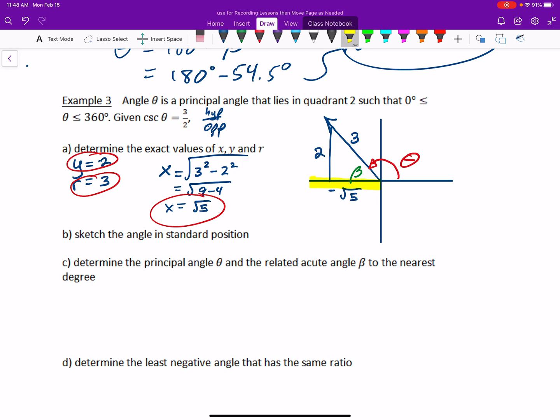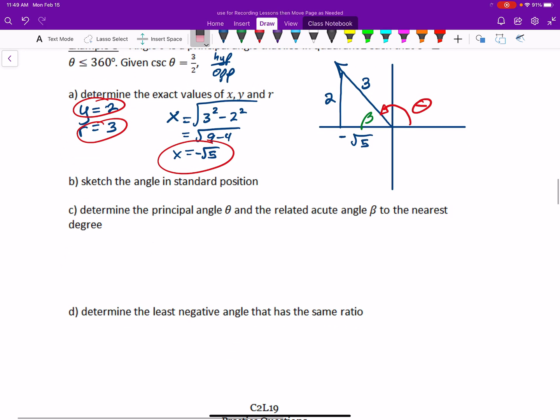There's nothing about the triangle itself that tells us it should be a negative root 5, but because of where it is on the Cartesian plane, it should be negative. So I need to stick the negative sign there as well. That's my actual x value. So again, my bad, but I did correct it, and hopefully that makes sense. If not, pause the video, review it and go back if necessary.